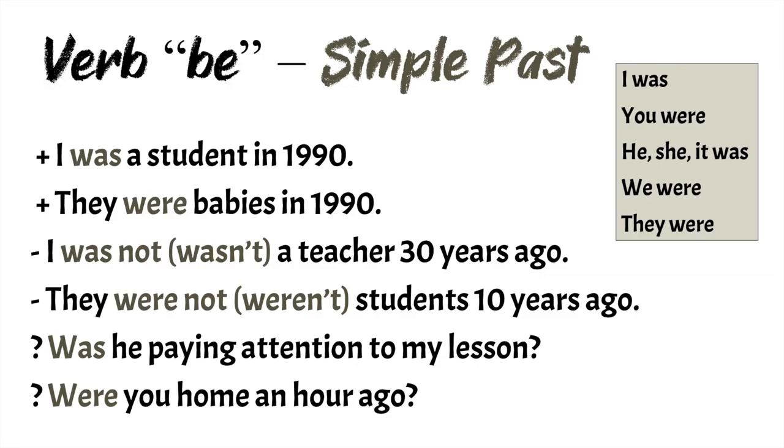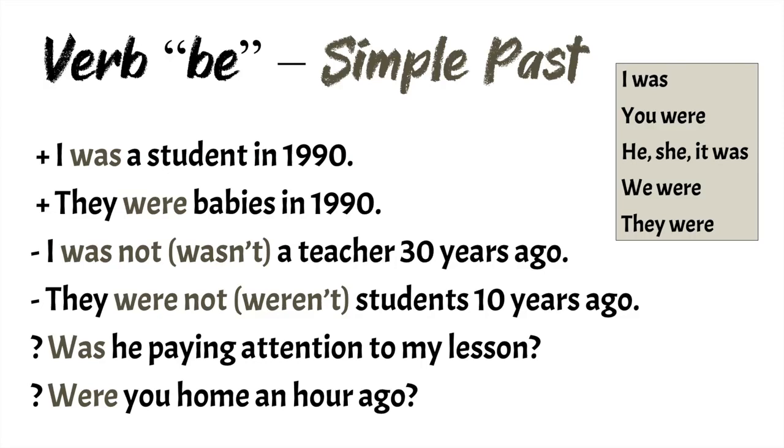They were babies in 1990. Okay, these are positive sentences. What happens with negative sentences? We just add not after the verb to be. I was not, I wasn't a teacher 30 years ago. They were not, they weren't students 10 years ago.